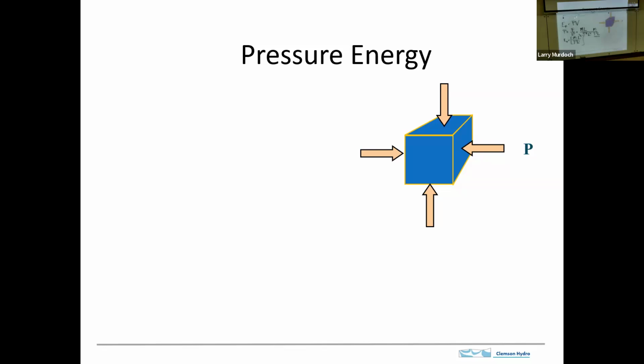Okay, so those are the different terms. We've got them checked out, and we're going to add them together to get the total energy on that cube.